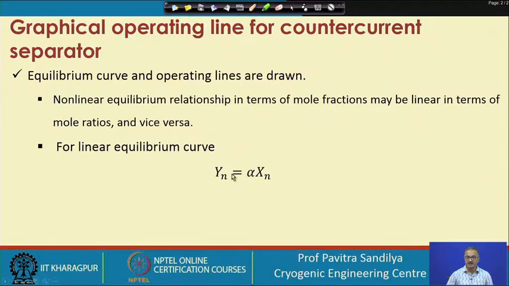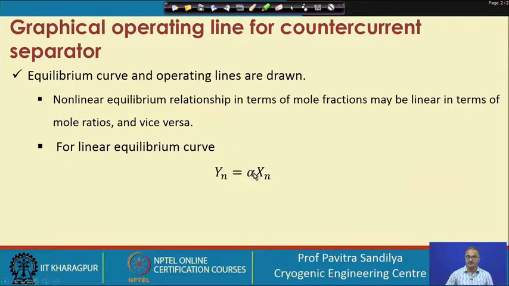So, this is the way we are at any given stage; this n represents a stage. At any given stage, the equilibrium relationship between yn and xn is given by this equation, and this alpha is the equilibrium constant or the distribution coefficient.